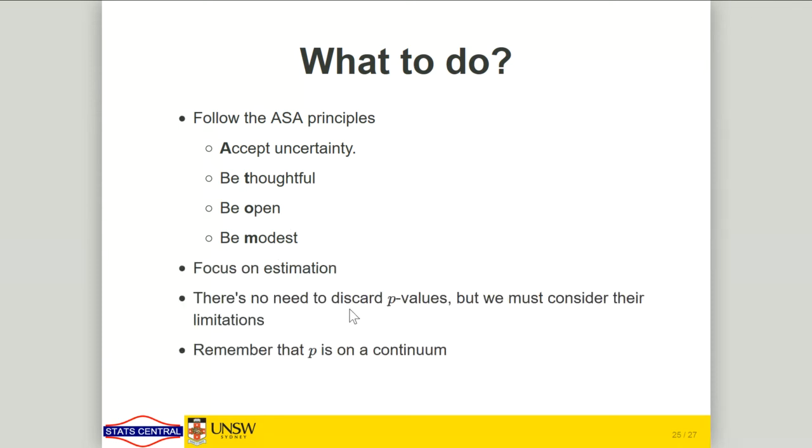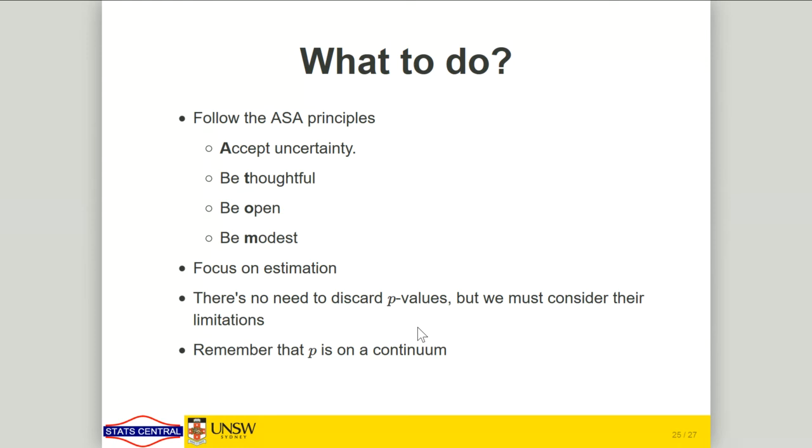I would say it's also important to focus on that example we saw before, where you can get the same p-value with very different estimates. There's no need to discard p-values altogether, but consider their limitations. And I think it's especially important to remember that a p-value is on a continuum.